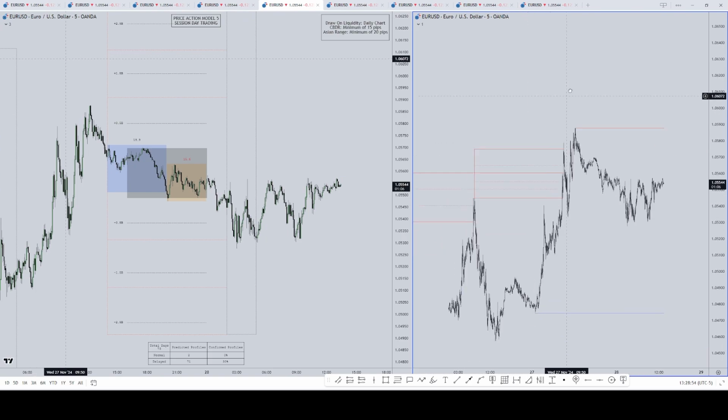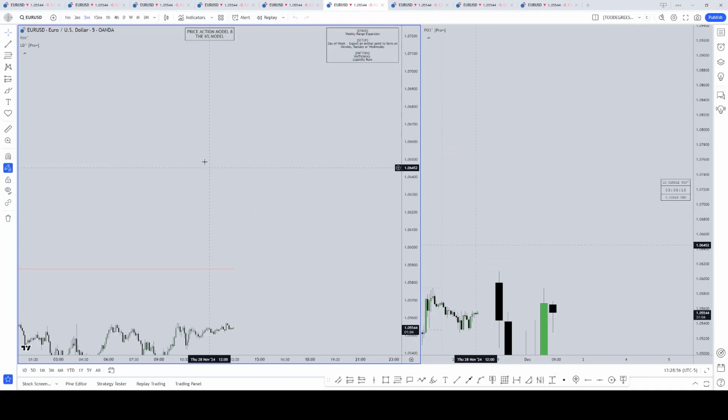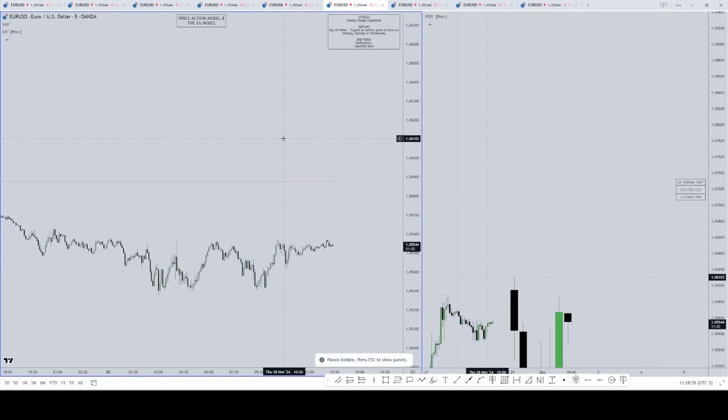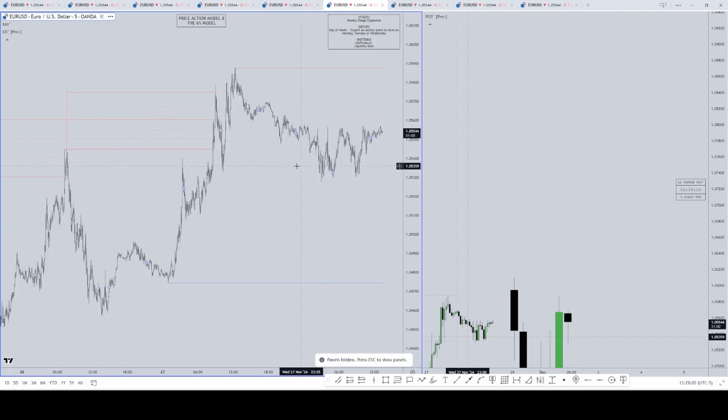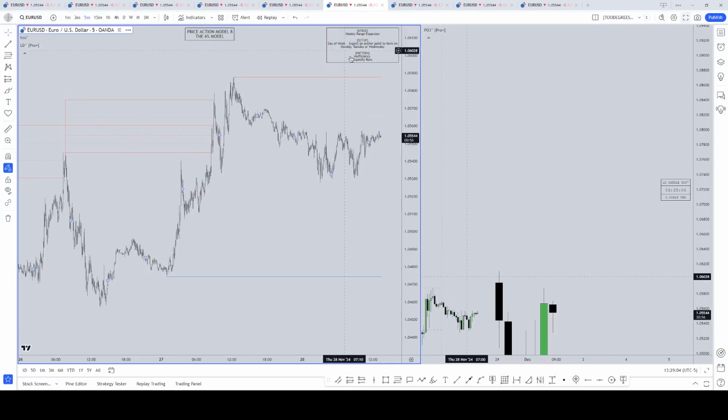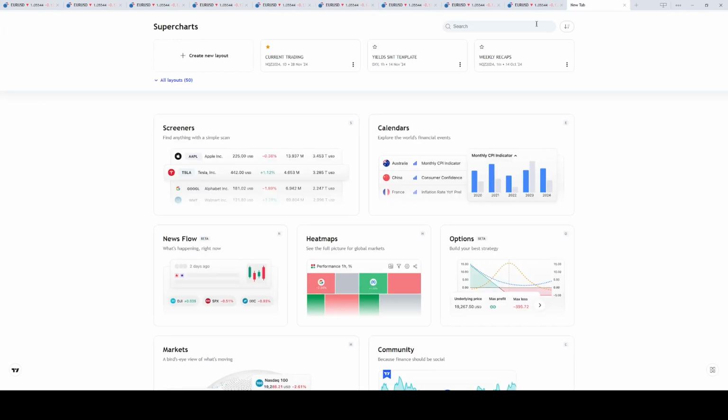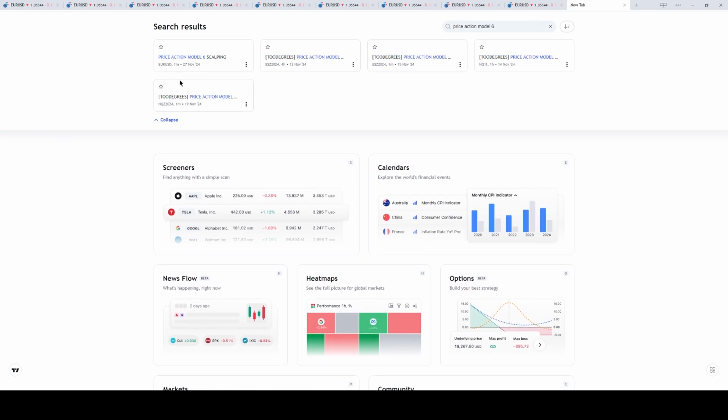Let's see. Right, so let's move on. Price action model 6. And I think a lot of people are familiar with that one as well. Or let's see, oh no, this is 8. Wait, we gotta open price action model 6. Model 6, right? So I've added multiple price action model 6s, because there are multiple applications.